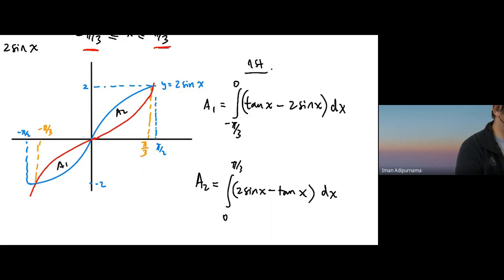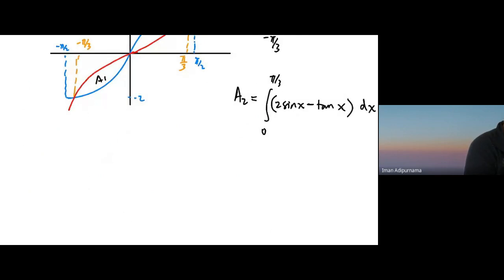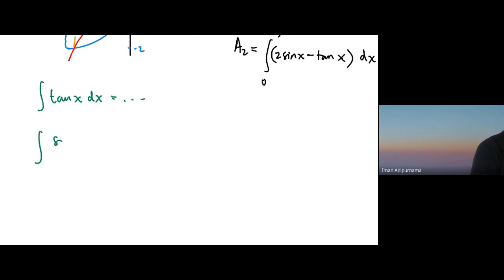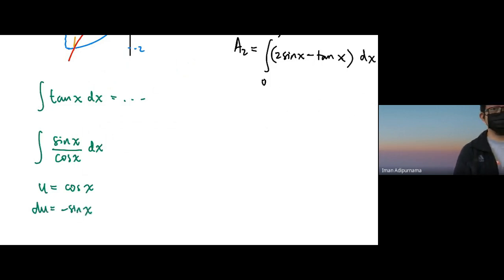Okay, and I think some of you still have difficulty on, let me just write the tangent x here, right? So the best way to approach this tangent, if you forget, okay? So you can check with take the cosine x for u substitution, and you will get this will be negative sine x, okay?